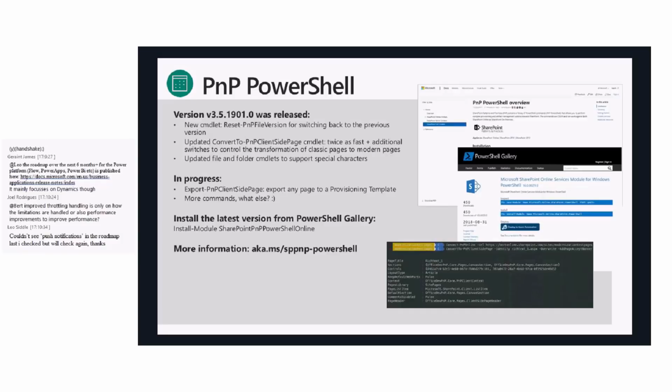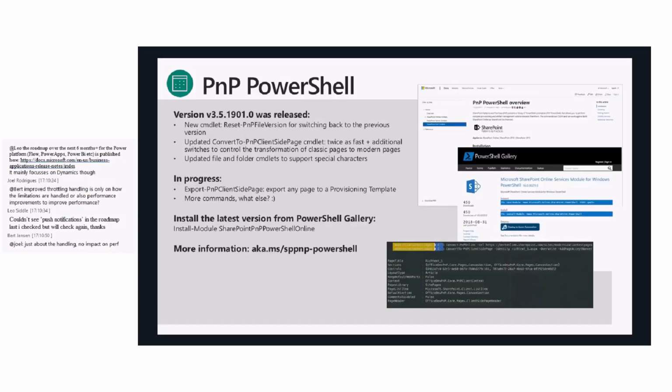It's still manual work. You will have to go into the template and copy the client-side page element out of it into your main template, but it makes your life easier and makes things much smoother in creating somewhat more complex templates. Related to 2019, the goal is also to have a 2019 version of PnP PowerShell out next month.